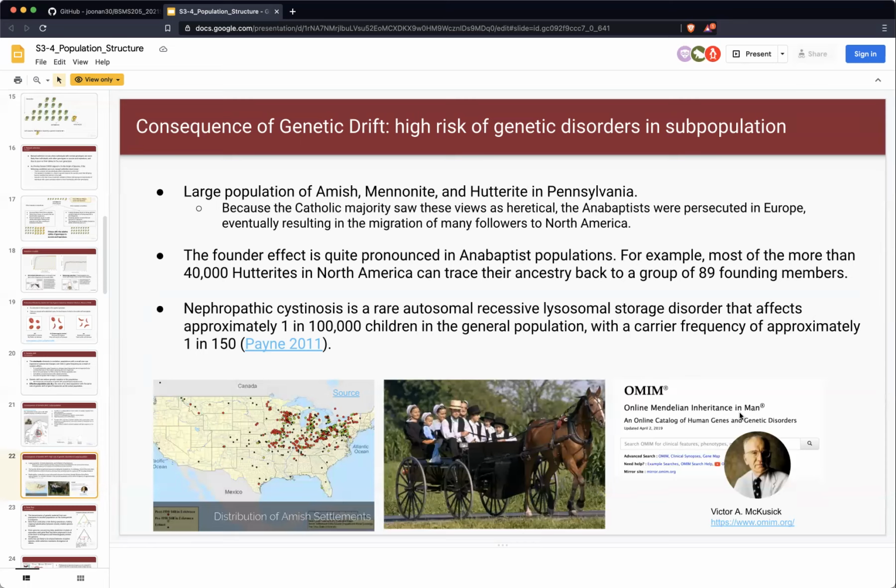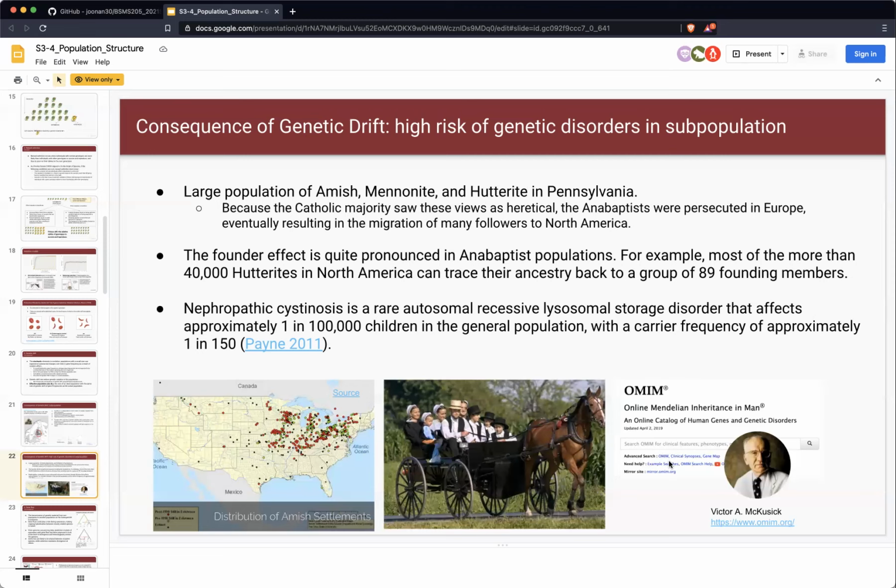And we gained knowledge about recessive disease and also rare genetic information in our history, right? So the Amish population, or the Mennonites or Hutterites, these Anabaptists, are quite an interesting population for genetic drift and clinical research.